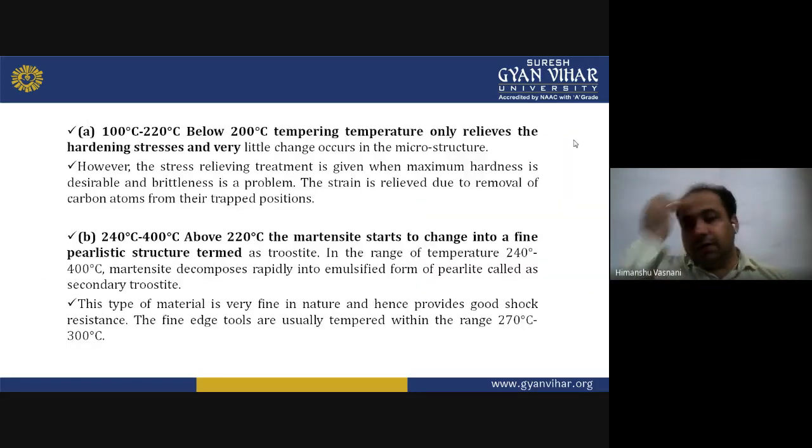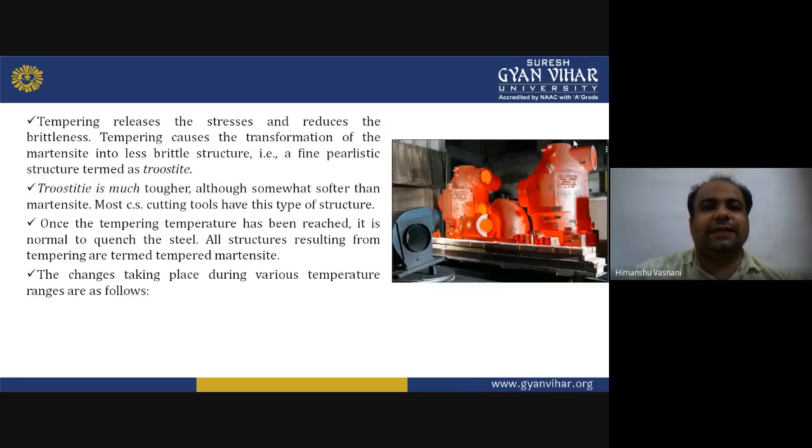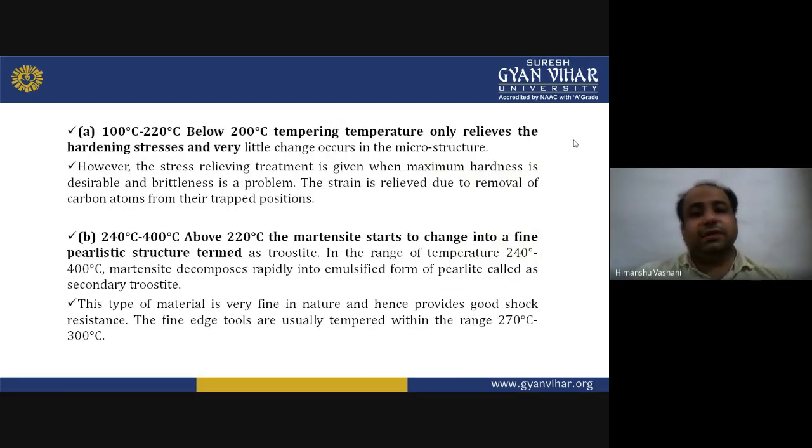Now the first one is 100 degrees centigrade to 220 degrees centigrade. Below 200 degrees centigrade, tempering temperature only relieves the hardening stresses and very little change occurs in the microstructure. However, the stress relieving treatment is given when maximum hardness is desirable and the brittleness is a problem.